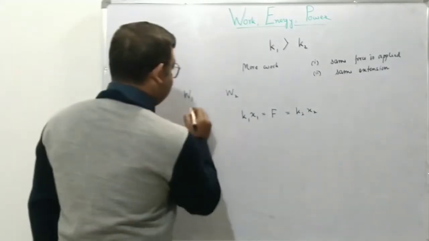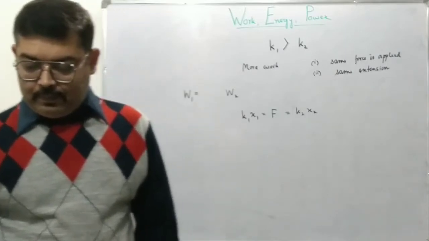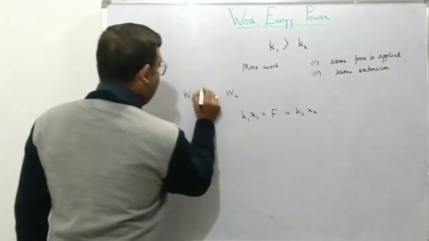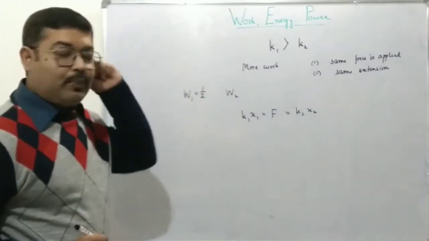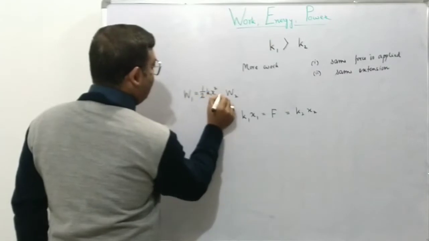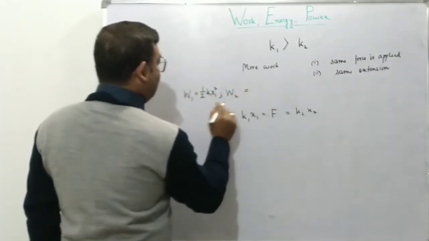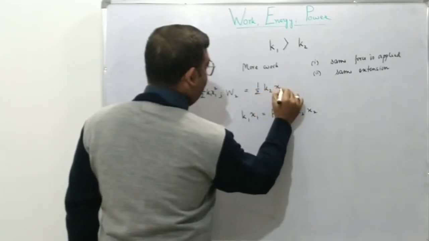In that case, what will be W1? By definition, work done will be stored as the energy, that is the potential energy of the spring, so W1 will be half K1 X1 squared, and W2 will be half K2 X2 squared.